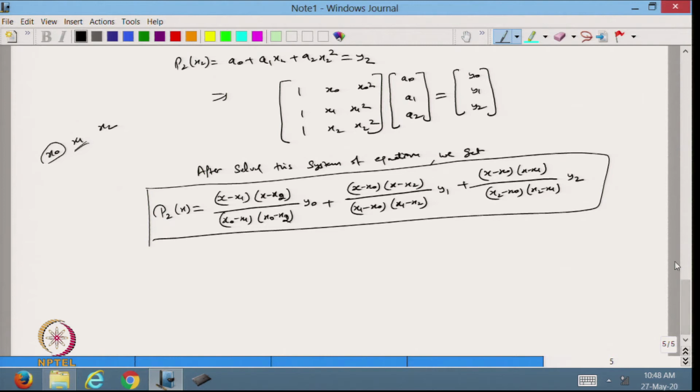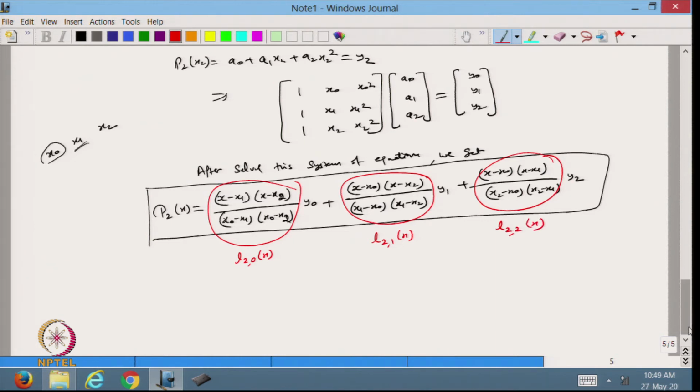So this will be the quadratic interpolating polynomial, and from here I can write that this will be L20(x). So that is a fundamental interpolating polynomial. This is L21(x), and this expression is L22(x).